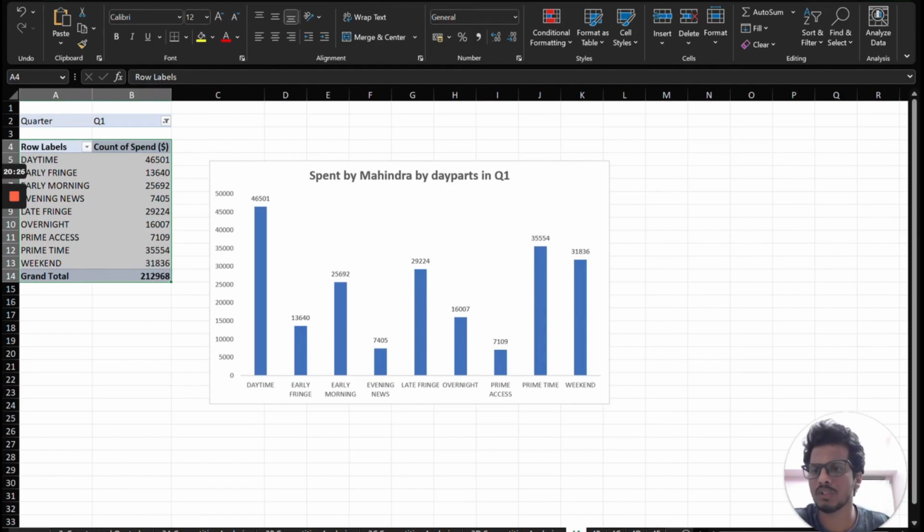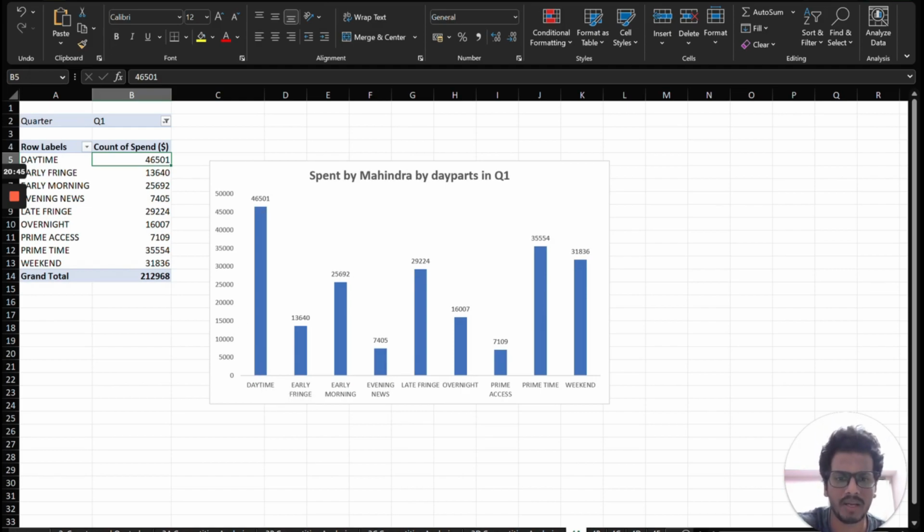What I tried to do is add one filter for quarter one. In quarter one, we can now see this is the count of spent. Mahindra is spending a lot of money on the daytime part, followed by prime time. This is one insight which we can take.